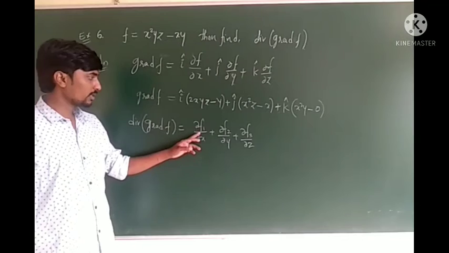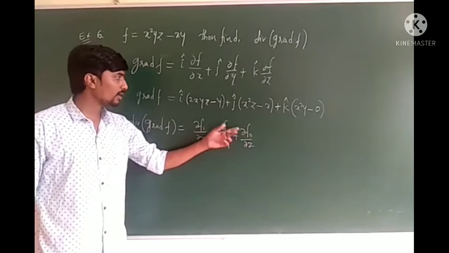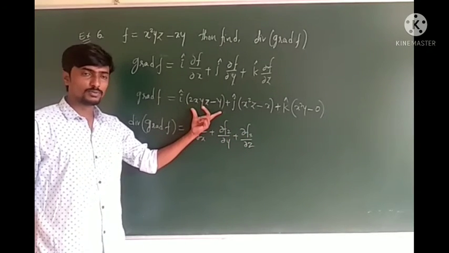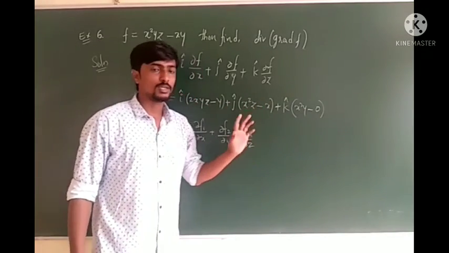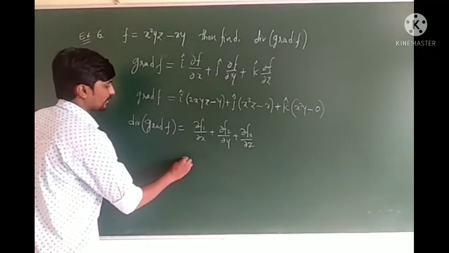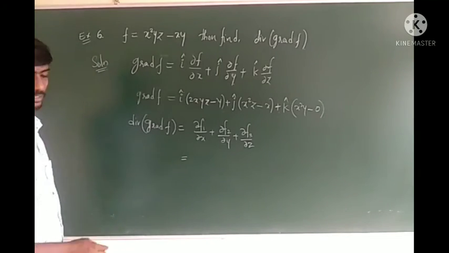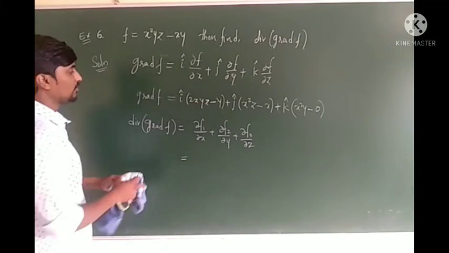But here in this case f1, f2, f3 are calculated from these values. So this is what your f1, f2 and f3 are. So now I will write the values directly here.